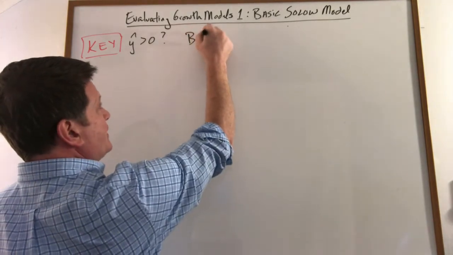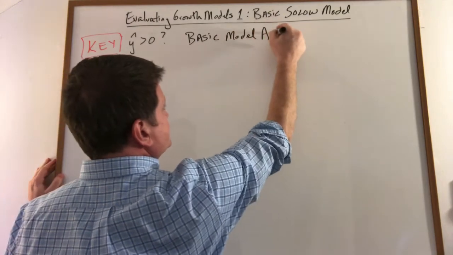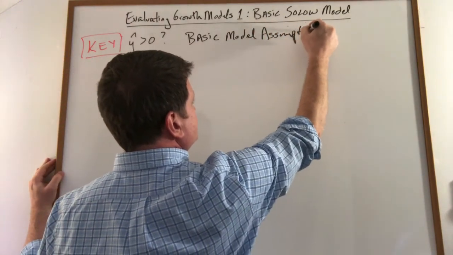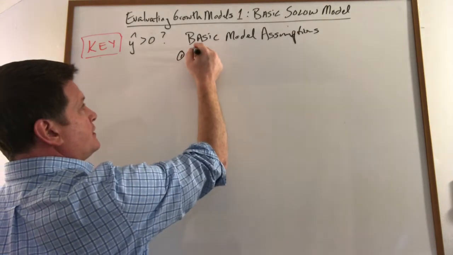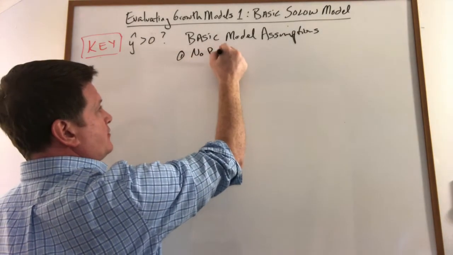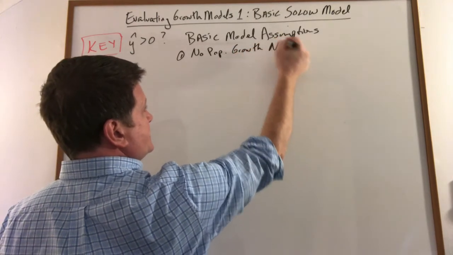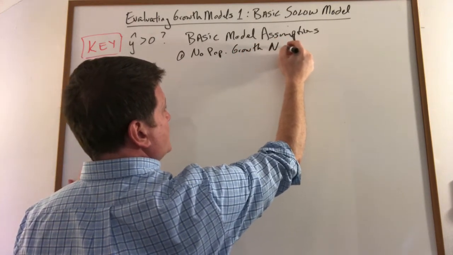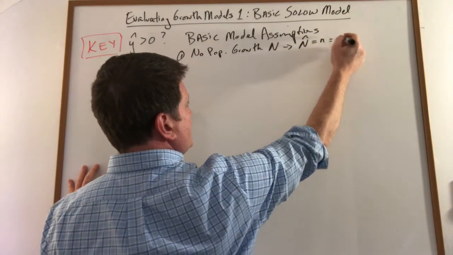In the basic model assumptions, we have one, that there is no population growth. Population here is N, and so we're going to say there is no population growth.